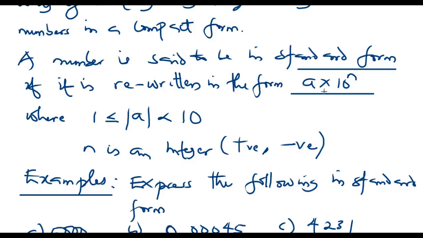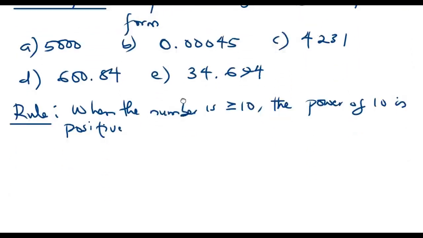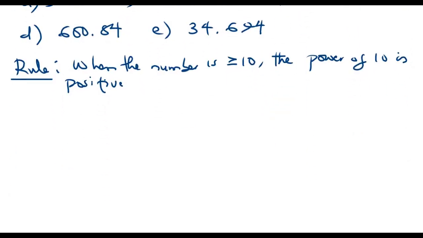That is standard form. And I told you that the value of a must be between what? 1 and 9. So if the number that you want to convert is greater than 10, that is the first rule I'm giving you.